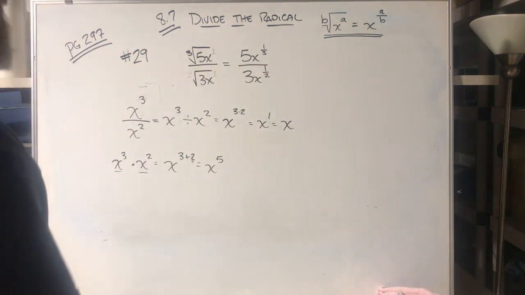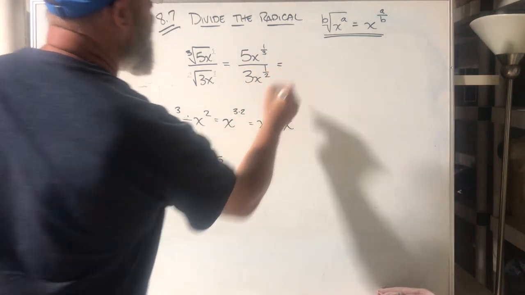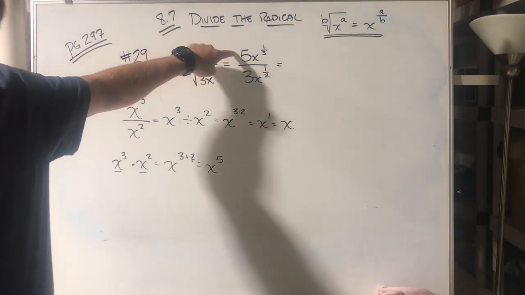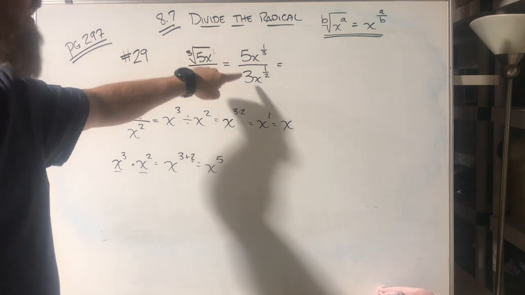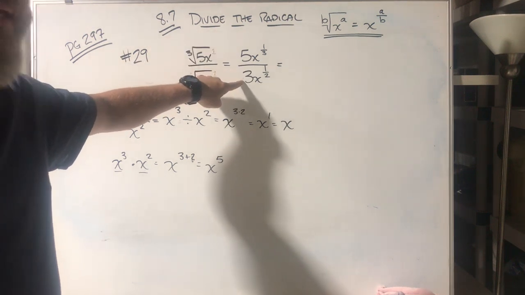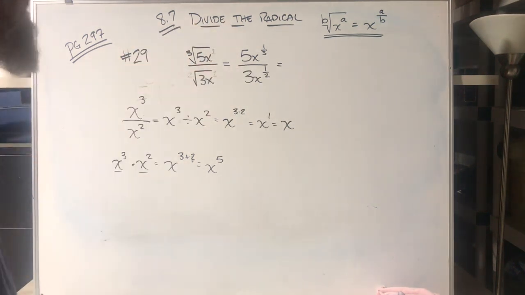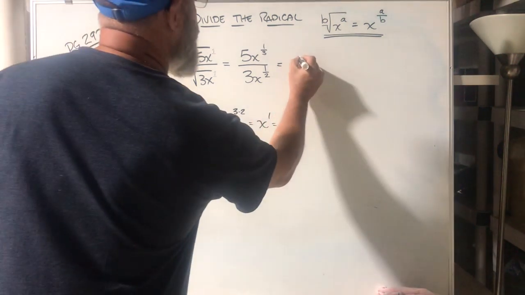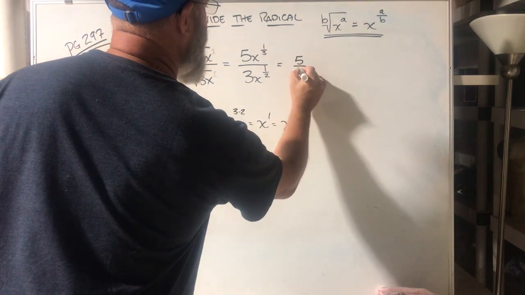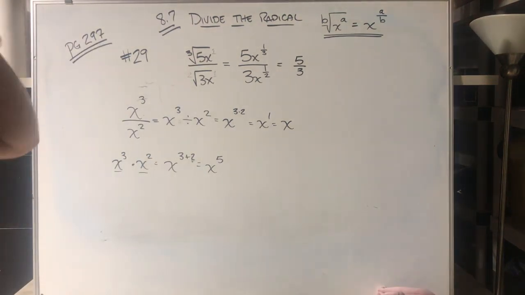So what we have here is we first of all have to deal with the coefficients. So 5 over 3, 3 into 5 doesn't go evenly, so we keep the fraction 5/3. All right?